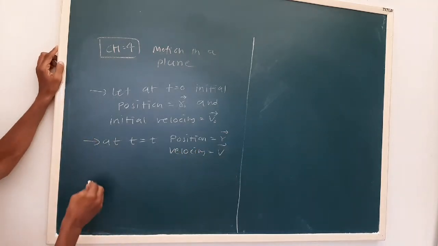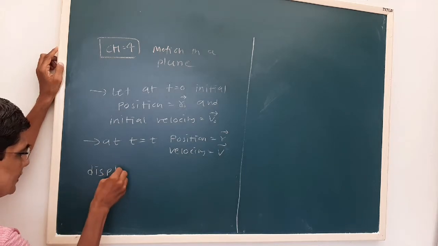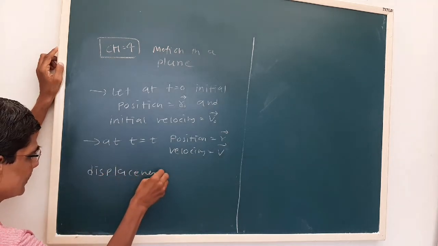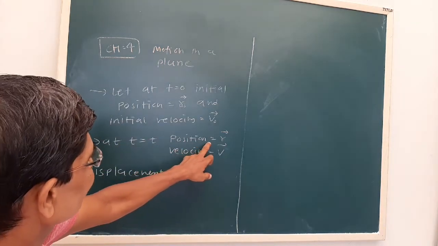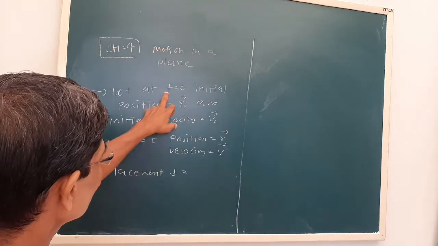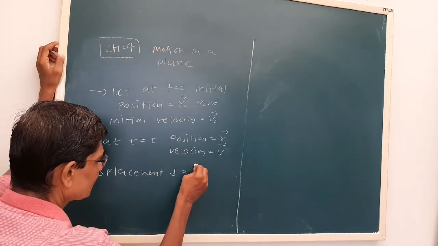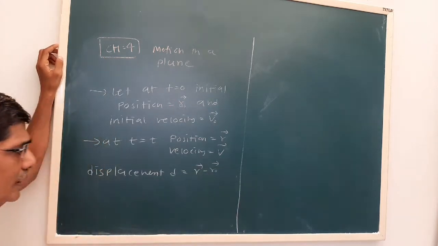Now what is displacement? Displacement is the change in position, that is final position, at t is equal to t, minus initial position, at t is equal to 0, which is r minus r0.